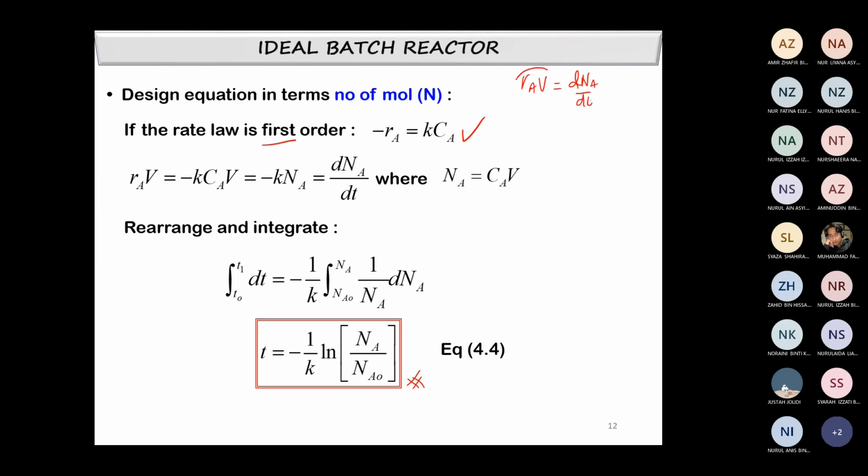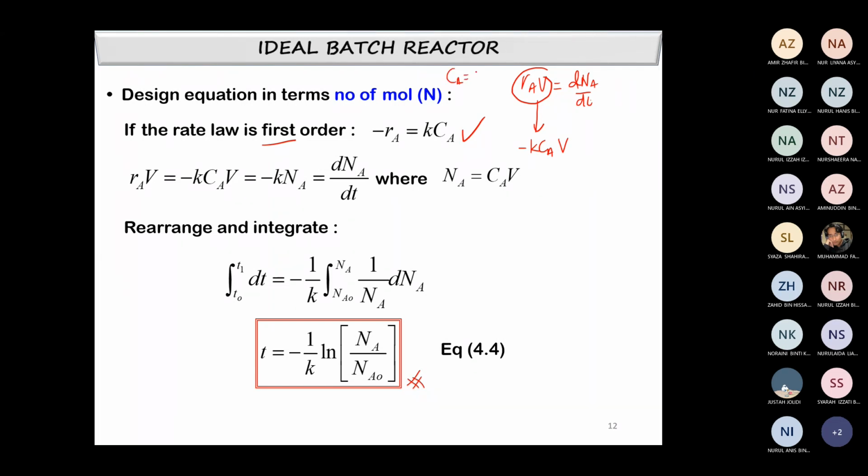So we expand the equation. So rA is equal to negative kCA, and V here. Here we can change the CA to become NA. So what is CA?